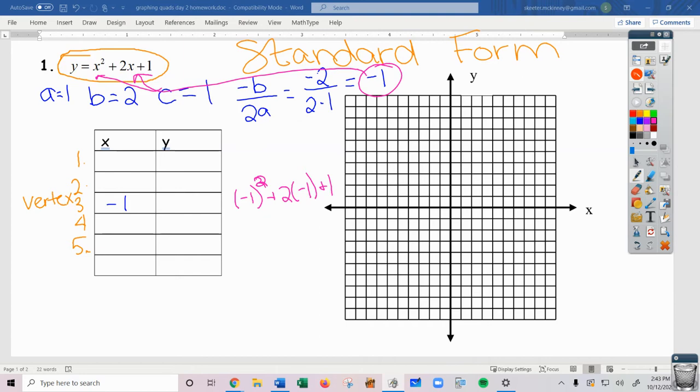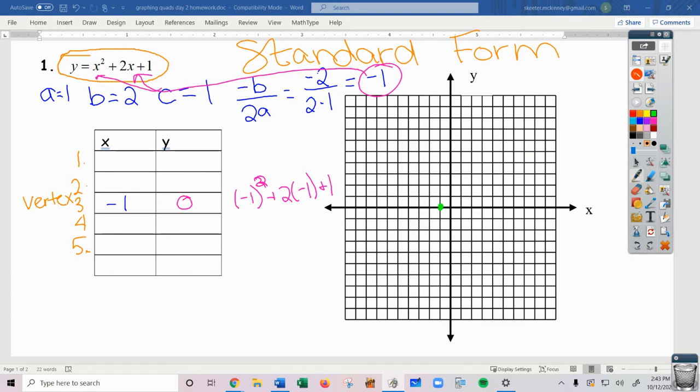And just like we've been talking about, make sure you put that negative 1 in parentheses and type it in all the way across just like you see it. And what value do we get out? We should have got 0. Okay, so now we know we have a vertex at negative 1 comma 0. So we are going to take that and plot that point on our coordinate plane. So this is the point negative 1, 0, which is right here on our graph.